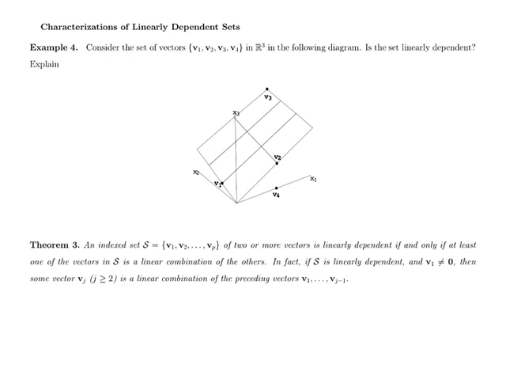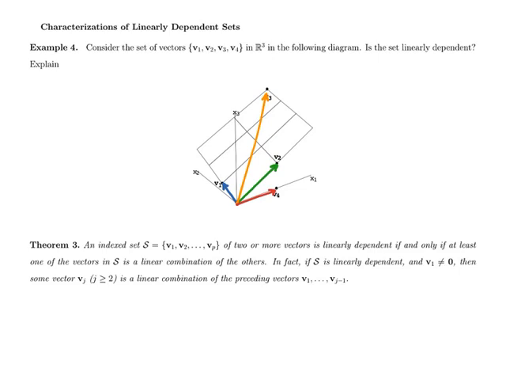So finally, let's characterize linearly dependent sets in a little more generality. And let's look at this example here. We have 4 vectors given in R3, and we can see them in the following diagram. So we have the vector v1 from the origin right there, the vector v2, the vector v3, and the vector v4.